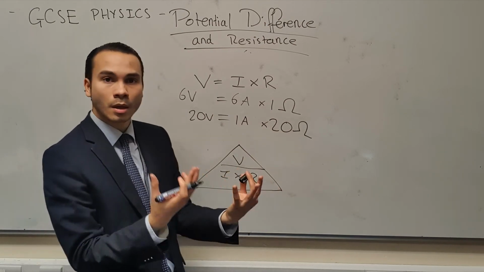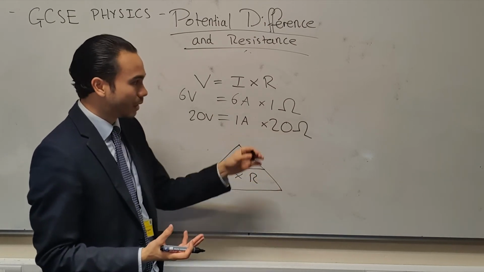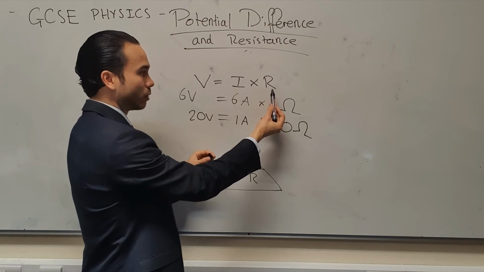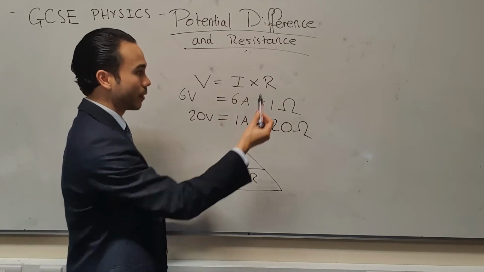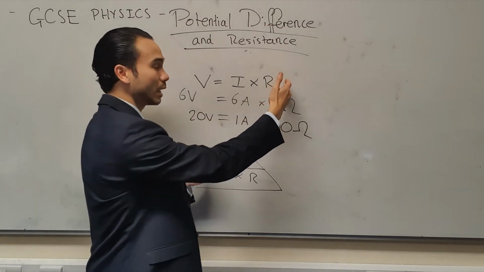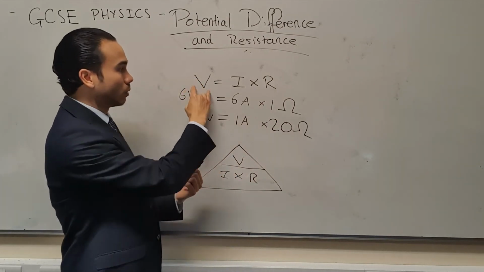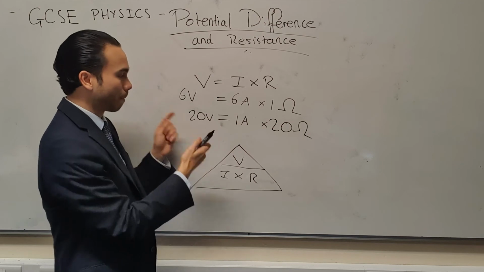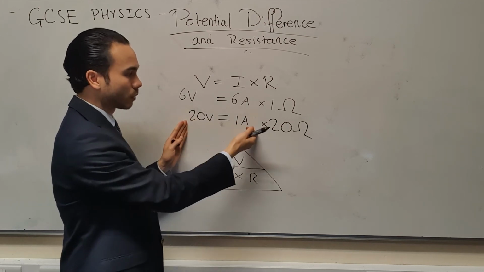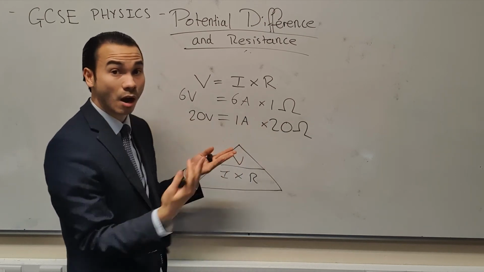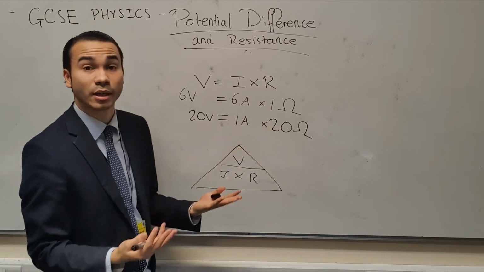What I want you to get from this equation is the relationship between resistance and voltage: they are proportional. If we have a higher resistance, I need a higher voltage. Also, let's say it takes 20 volts to pass current through this 20 ohm resistor.